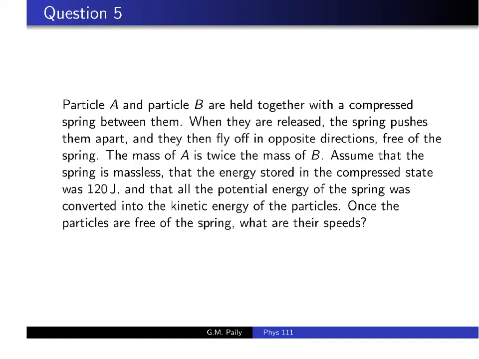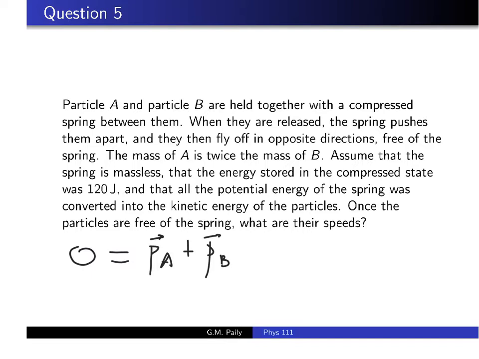We notice that initially the system of the two particles and the spring is at rest, so the initial total momentum is 0. And since that must be equal to the final total momentum, we have that PA plus PB should be equal to 0.